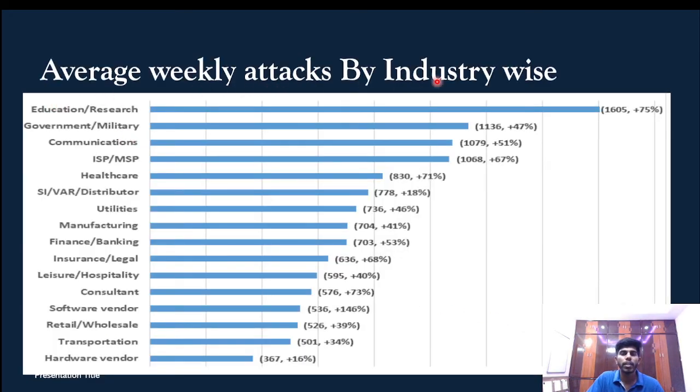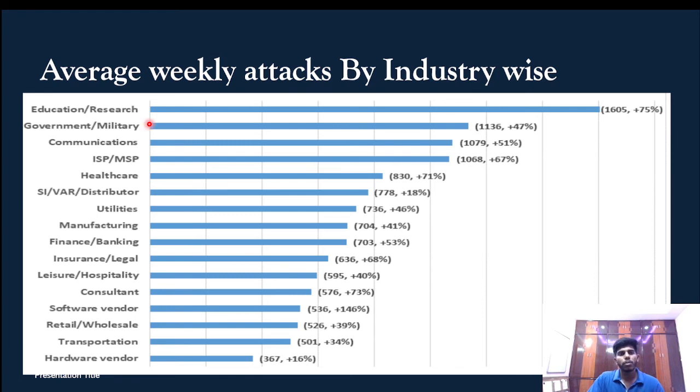Average weekly attacks by industry wise. As we already mentioned, the education and research sector is the most attacked sector in cyber attacks, as we see from the average weekly attacks, which is increasing every day by 75%.